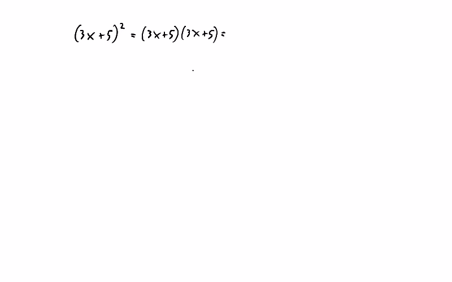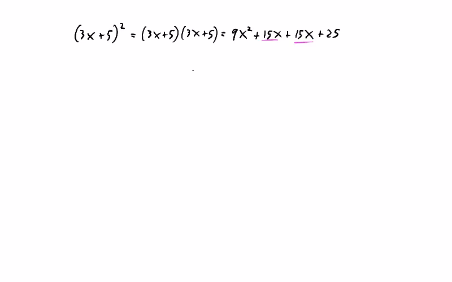When we square this, the first term will end up being 9x squared. 3x times 5 will give me 15x, and then 5 times 3x will also give me 15x due to the symmetry, and then we will end up with plus 25 when we take the product of the last term.